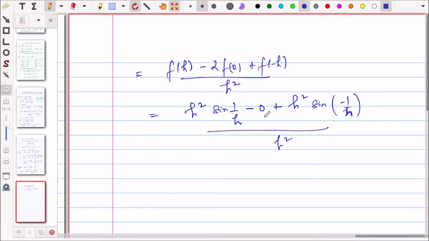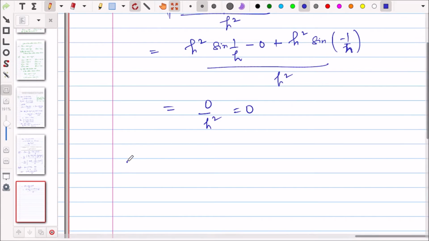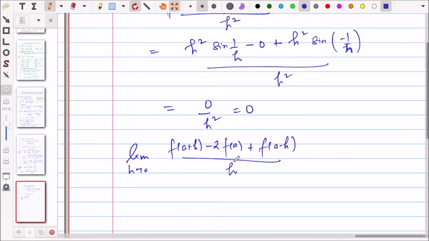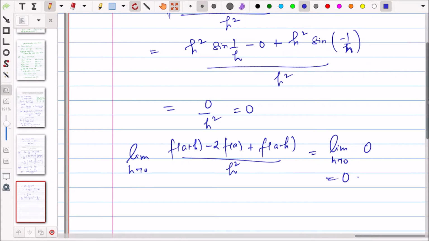Now sine minus 1 by h is minus sine 1 by h, so these two terms cancel out each other and you have 0 by h square, which is equal to 0. So when you take the limit h tends to 0, you get 0. Hence the limit exists.